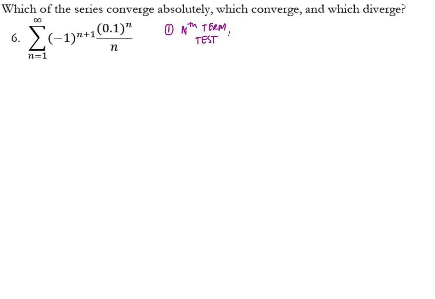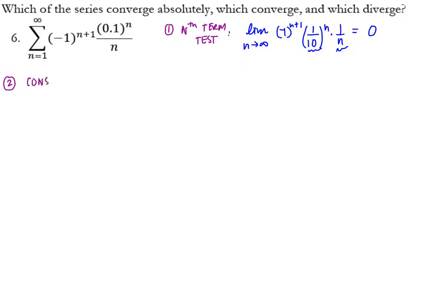The nth term test says what's the limit of this series as n approaches infinity, -1 to the n plus 1, that's alternating, 0.1 to the n over n. 0.1 to the n is 1/10 to the n times 1 over n. So what thing will win here? That limit is definitely 0. We have some numbers down here getting bigger and some numbers over here getting bigger, divided by 1. Even though the signs are alternating, the limit is 0. So this series might converge. Now let's investigate that convergence.